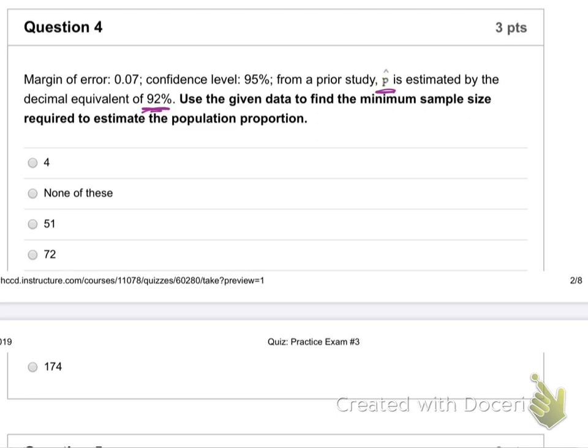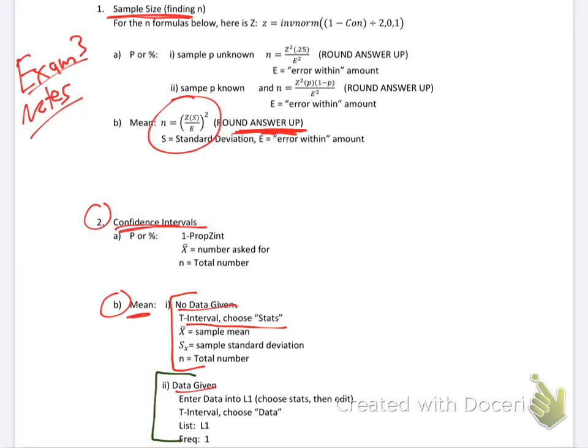So what do they want from us here? Sample size. It's another sample size, isn't it? See how they're saying sample size, and they're all like normal integer numbers. So let's go back to our exam 3 notes. So it's number 1 somewhere up here. But which one is it?